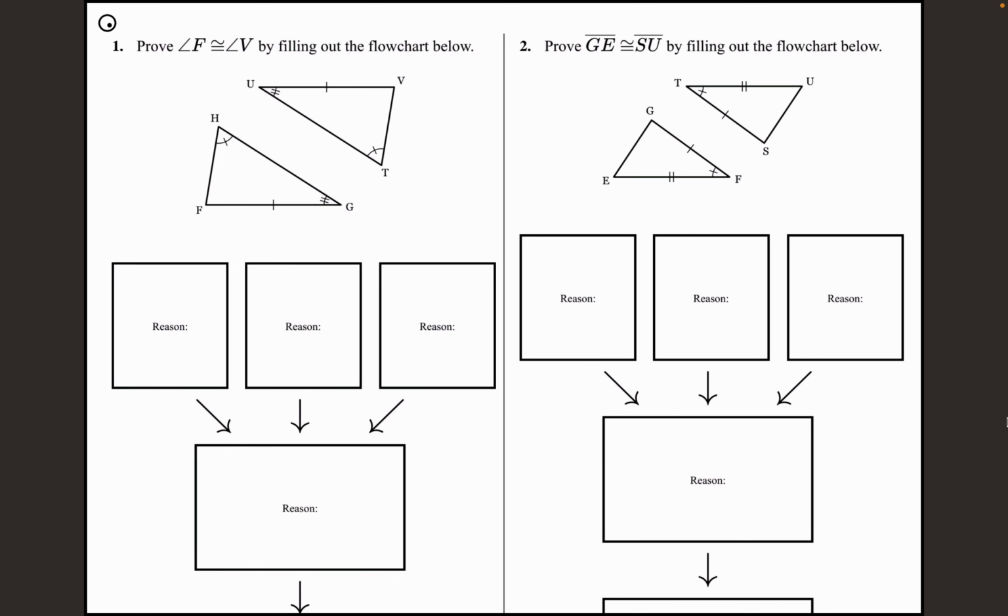What is this going to be an example of? Which of the 5? No. This is angle, angle, side, because we follow the congruent symbols. There's 2 angles, there's 1 side. You either get side, angle, angle, or angle, angle, side.